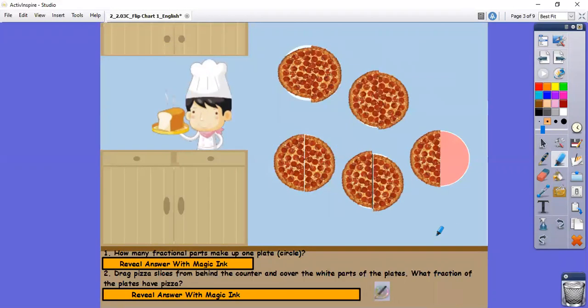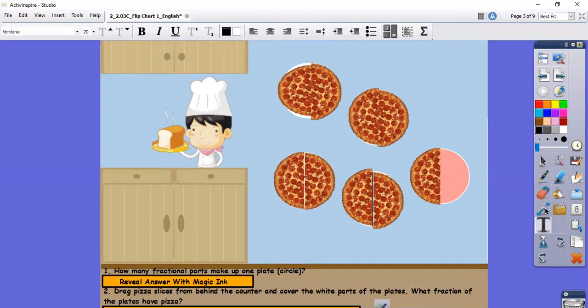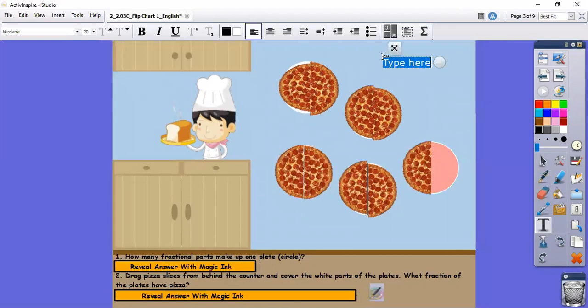Take a look at another one. I have some more pizzas here, and we're going to do the same strategy. I'm going to start with looking at how many halves I have. Again, I can tell that this fraction is halves, and the easiest way for me to find out how many parts are in my fraction is to look at the one, if I can't tell by how many pieces there are, that still shows a fractional piece where the whole thing is not colored in.